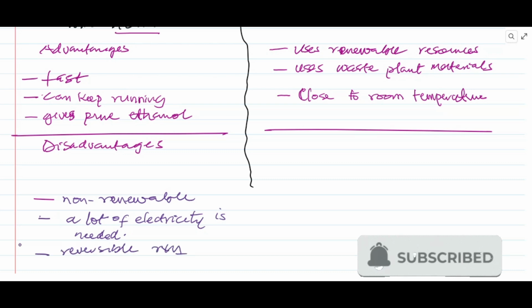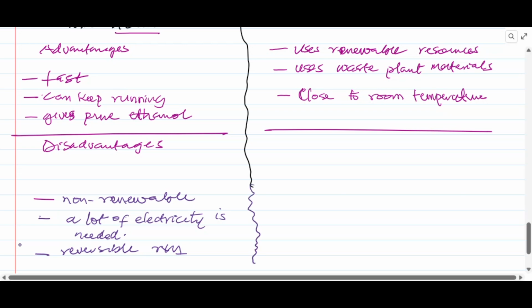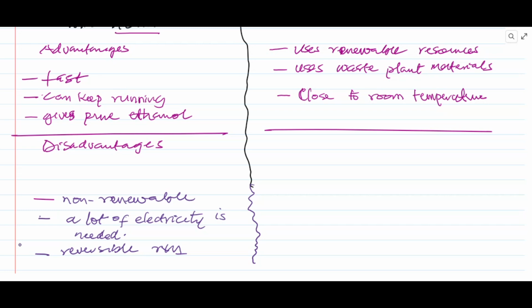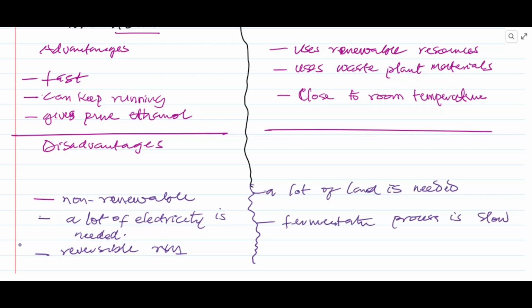So what about the other method, making ethanol by fermentation? Number one, since we're using plant materials, we need a lot of land to grow enough plant material to make ethanol. Another disadvantage is that the fermentation process is slow.